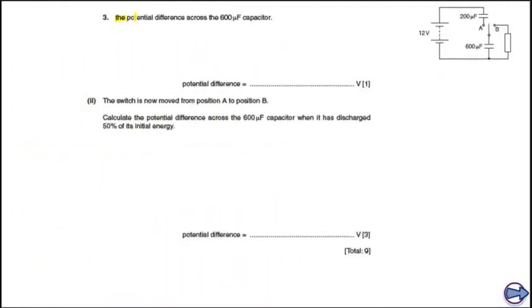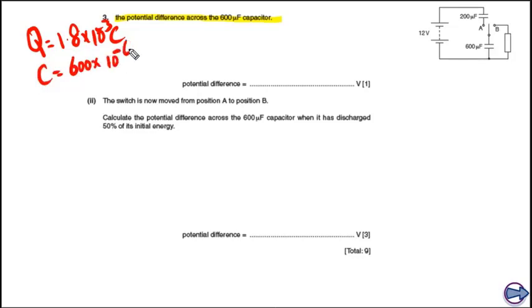For this part, we need to find the potential difference across the 600 microfarad capacitor. If you remember from part 2, the charge on the 600 microfarad capacitor is 1.8 times 10 to the minus 3 coulombs, and its capacitance is given: C is 600 microfarads, which is 600 times 10 to the minus 6 farads.